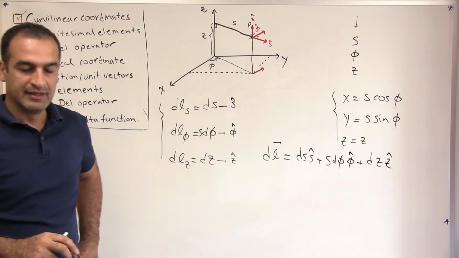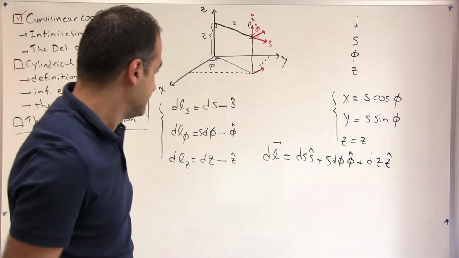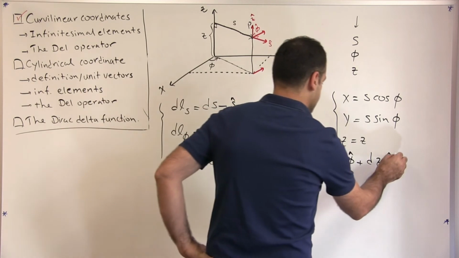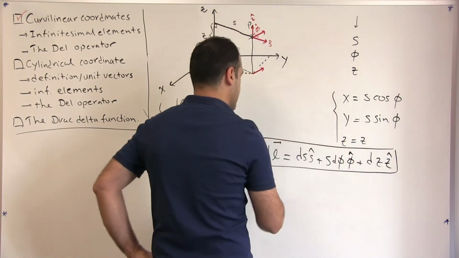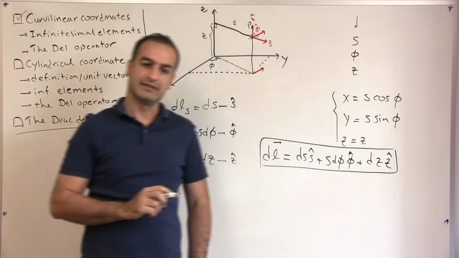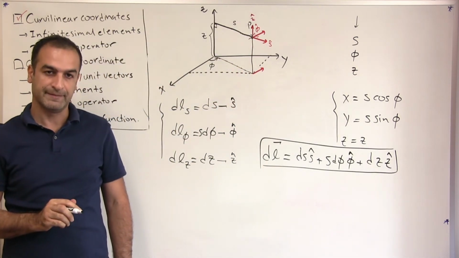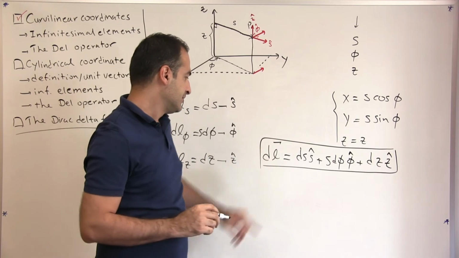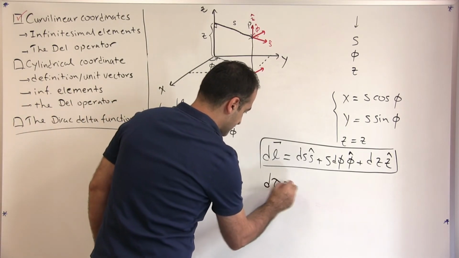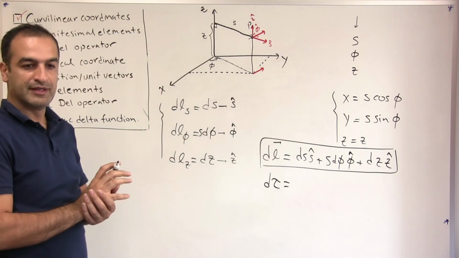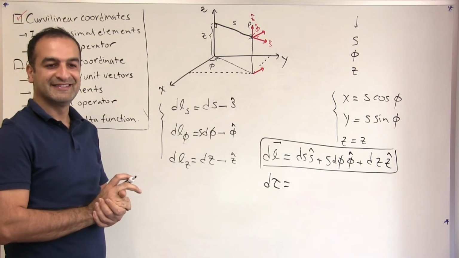Okay, so starting from this, now we can write the infinitesimal volume and surface area. So d tau, the infinitesimal volume, how can we write that?